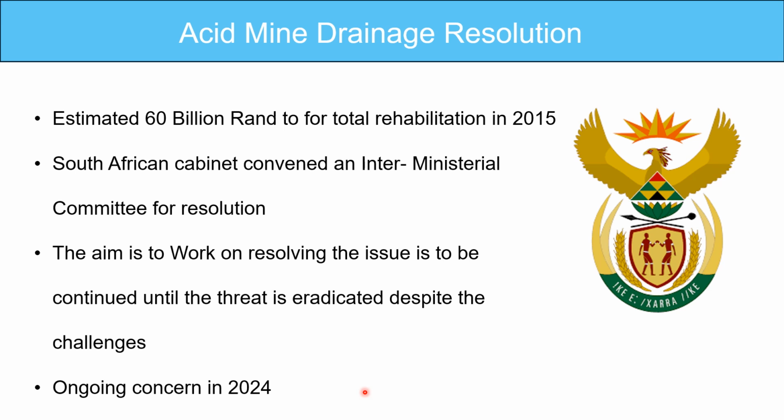We really hope that they are moving in the right direction and can find a solution as soon as possible, for the sake of the environment and of course the people and wildlife that live within these affected areas.